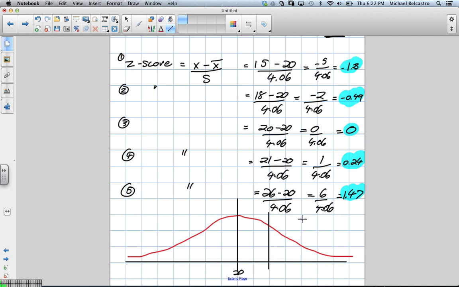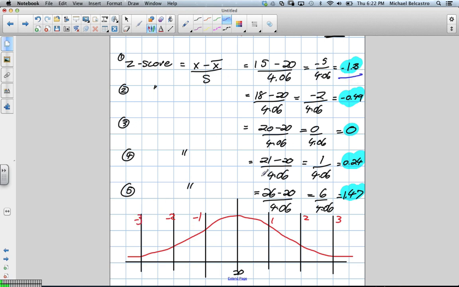So here's 1 deviation, 2 deviations. And for the most part, we talk about 3 deviations left and right. So this would be 1 deviation, this would be 2 deviations, 3, and this would be negative 1, negative 2, and negative 3. Our first one would fall here at negative 1.23.